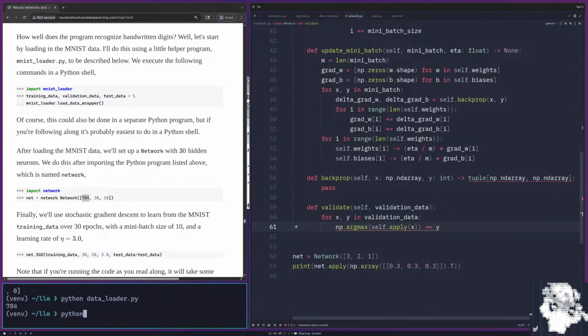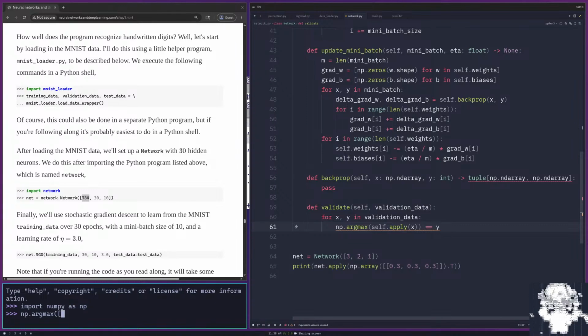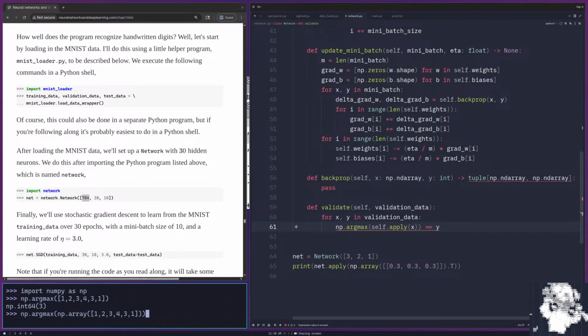Let's just test that. Python. Import numpy as np. np.argmax of 1, 2, 3, 4, 5, 3, 1. It returns 3. And if this were an ND array, np.array.